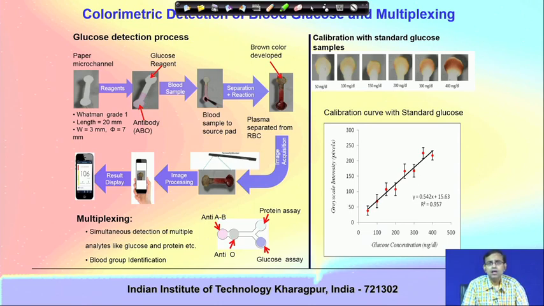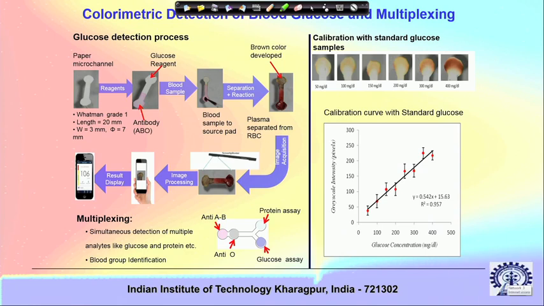Now, what we plot in the graph below, which is very important, is the grayscale intensity of the images versus the glucose concentration. So, we make a mapping of this, a calibration curve. Now, if we get an intensity from another image that is taken, we plot that data point in this graph.